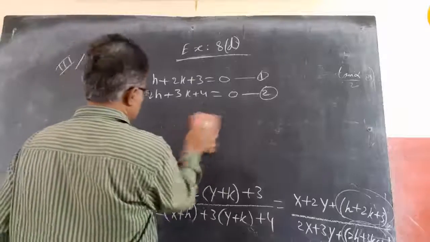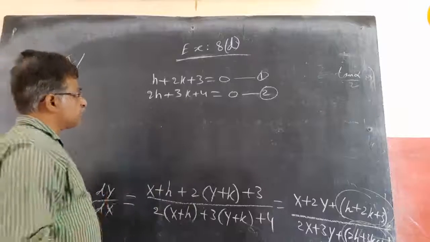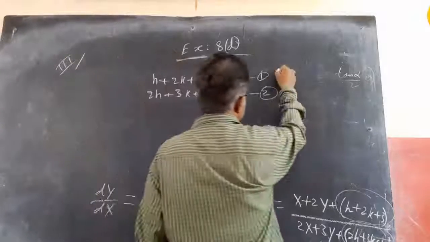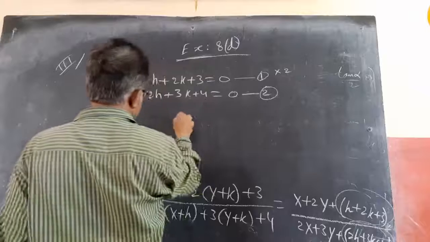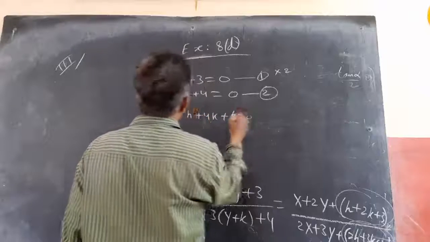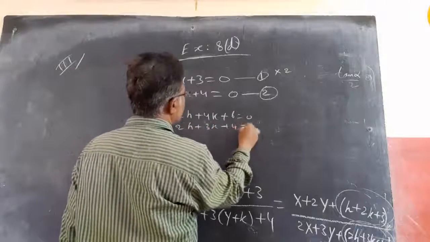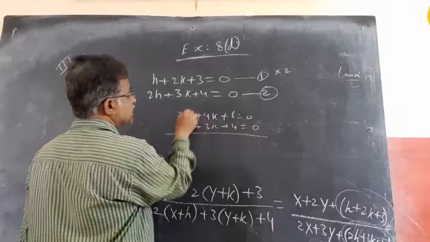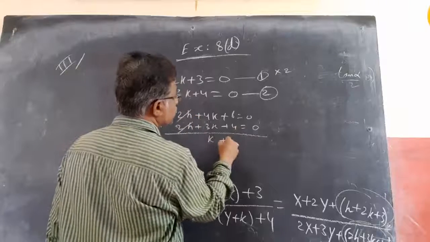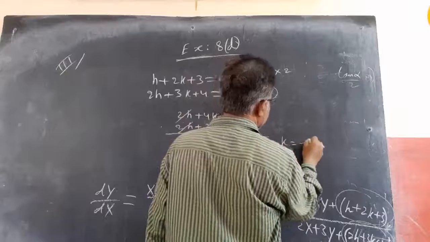You know how to solve using the cross multiplication method or elimination method or substitution method, your choice of doing it. I am going for the elimination method. 1 into 2 becomes 2h plus 4k plus 6 equal to 0 and this is 2h plus 3k plus 4 equal to 0. So 2h cancels, k plus 2 equal to 0 implies k equal to minus 2.